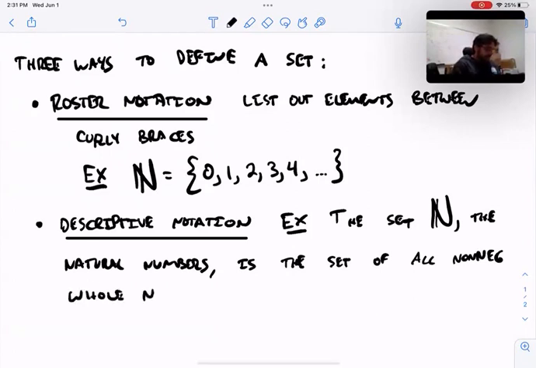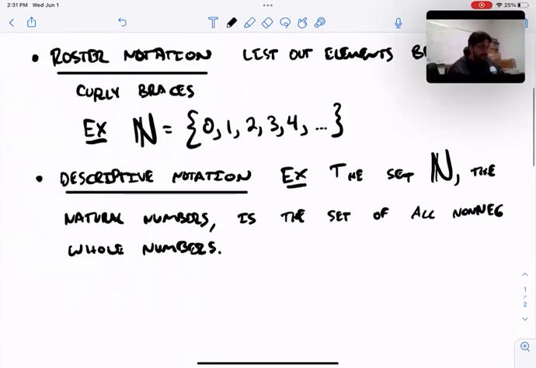So there's a perfectly good description of the set of natural numbers. It's not very axiomatic or very precise, but it's a description, and in certain contexts, that might be a perfectly good definition of the set of natural numbers.